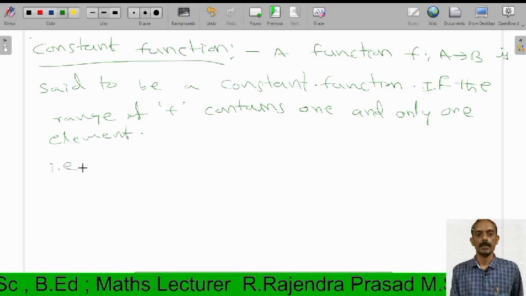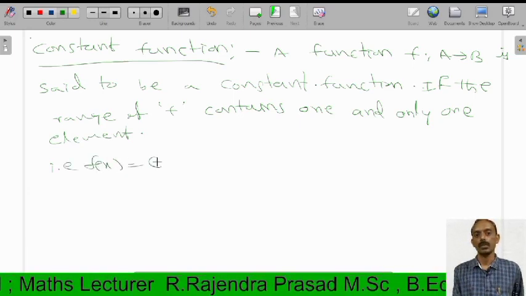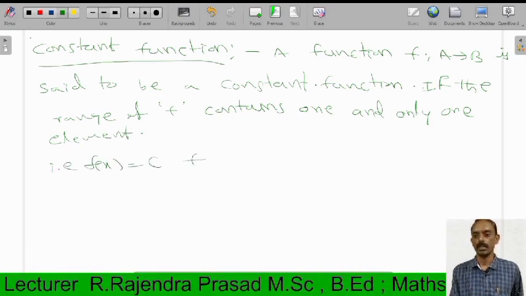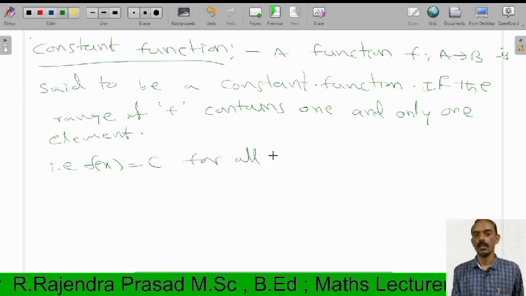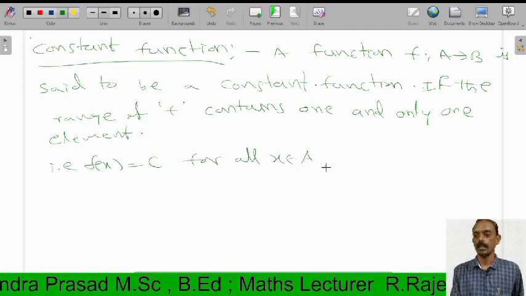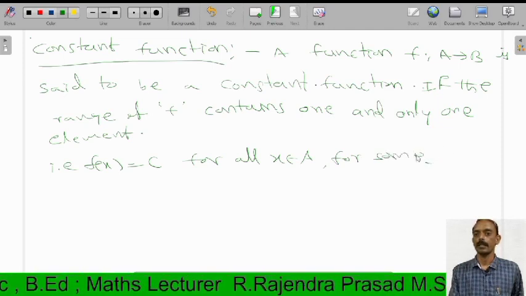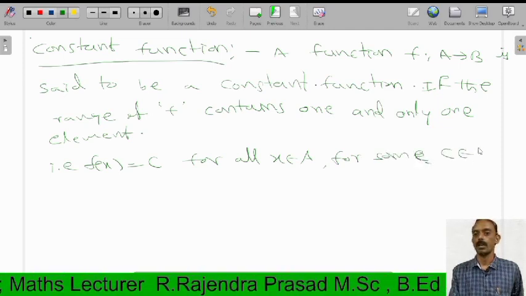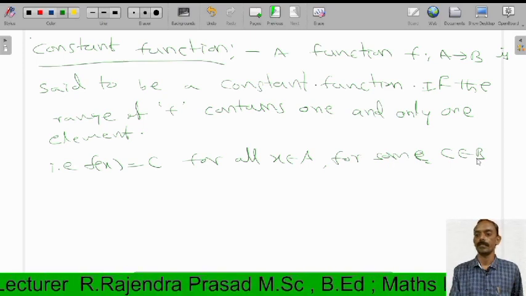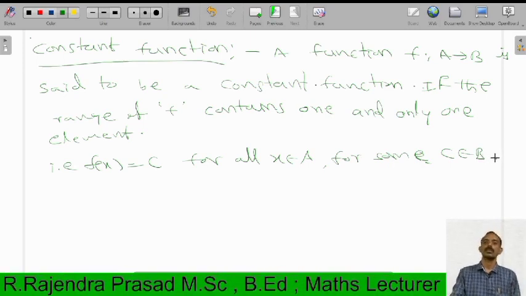That is, f of x equals c for all x belongs to A, for some c belongs to B.